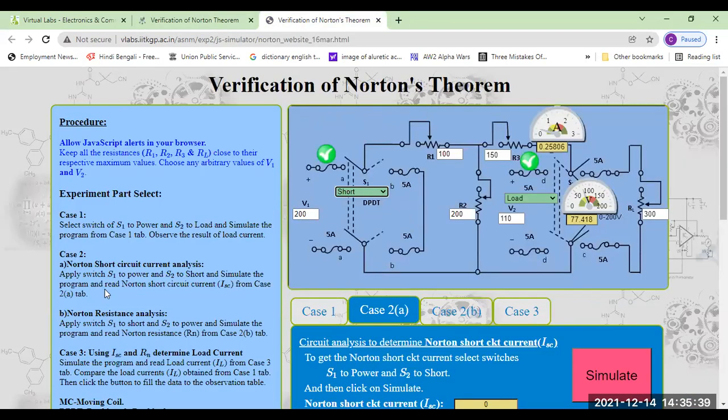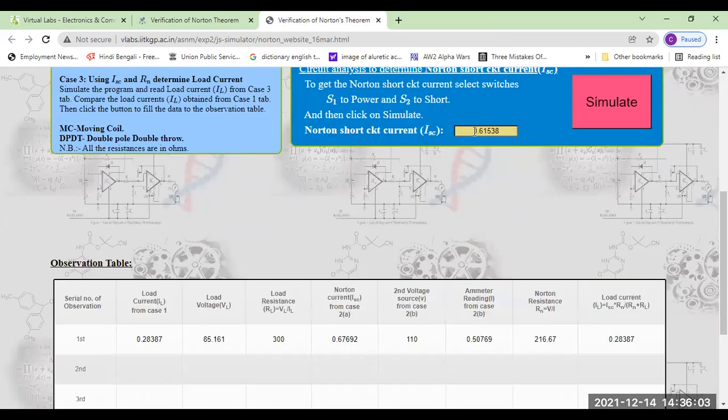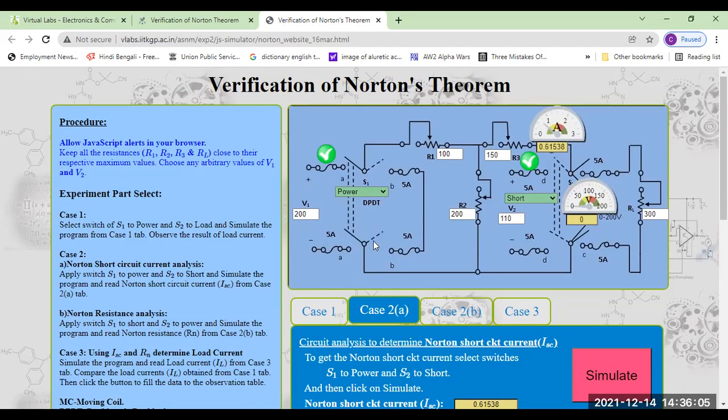Here again I am telling, S1 should be power, sorry, S1 to the power and S2 is the short, so that we get the short circuit current. Whenever I simulate, yes, this short circuit current is 0.61538. Okay, this current is given.